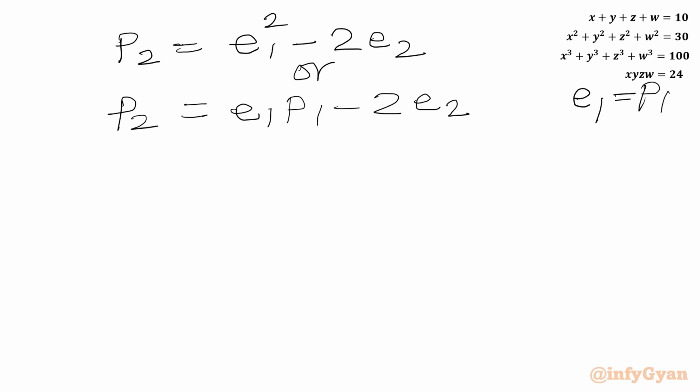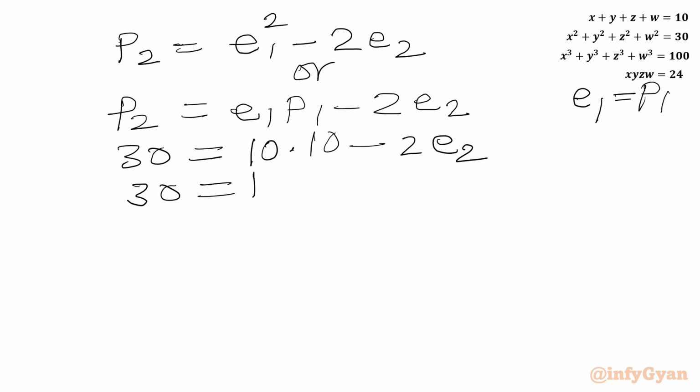Now we have to apply all the known values. P2 is 30, E1 is 10, P1 is also 10, minus 2 times E2. From this equation, we will know E2 value. So let's simplify. 30 equal to 100 minus twice E2, or I can take minus term to LHS.